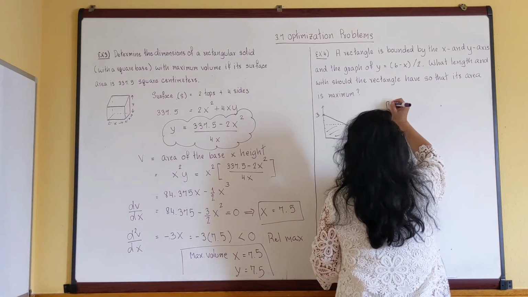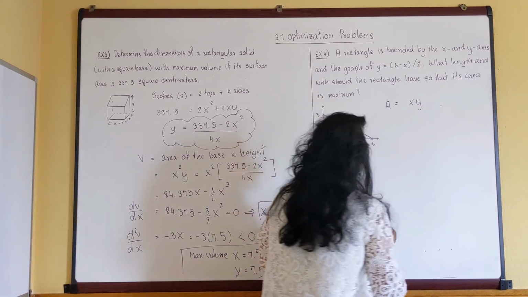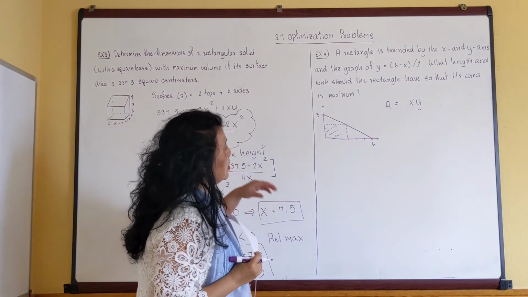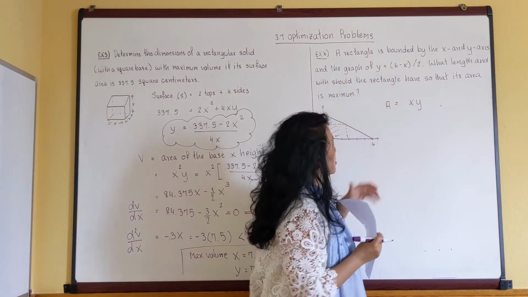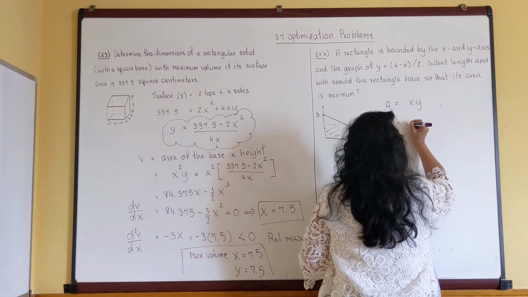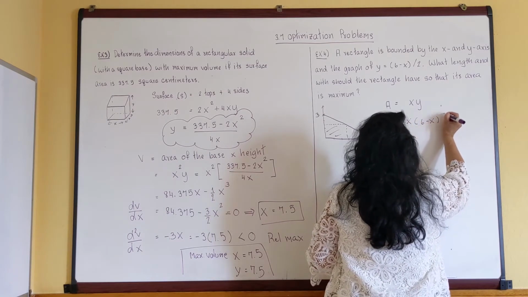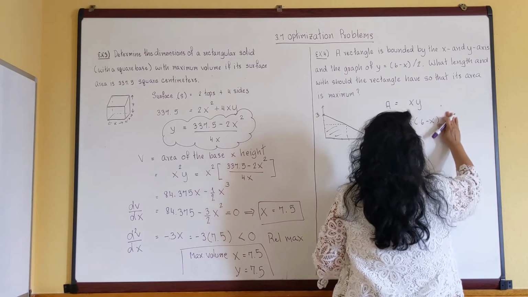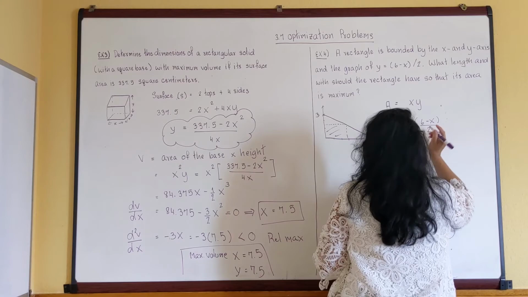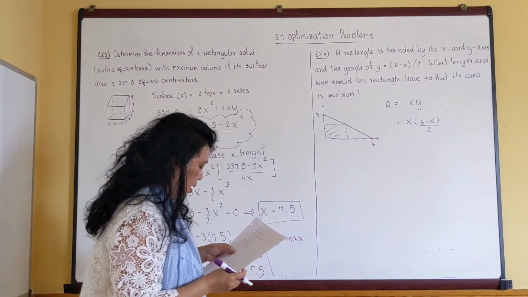Area is length times width. I'm going to get rid of one variable, so substitute y with this. So I'm going to have x times (6 minus x) divided by 2. Alright, divide by 2 just for the second term.